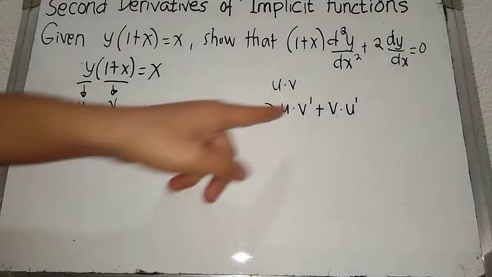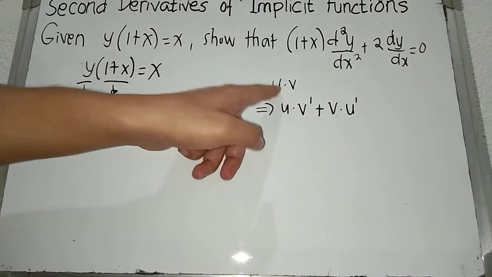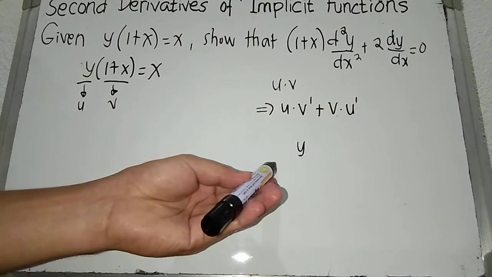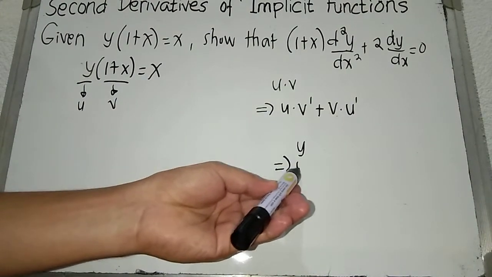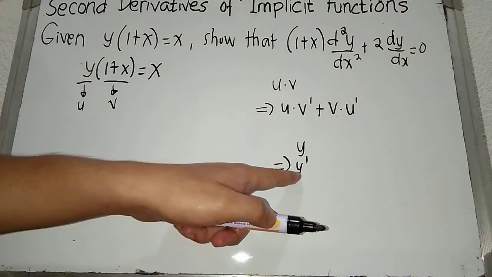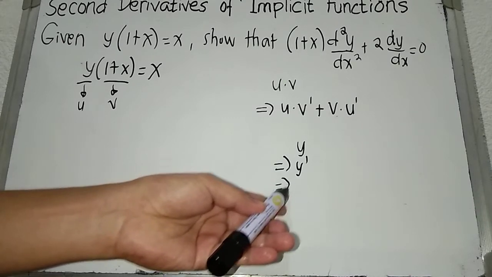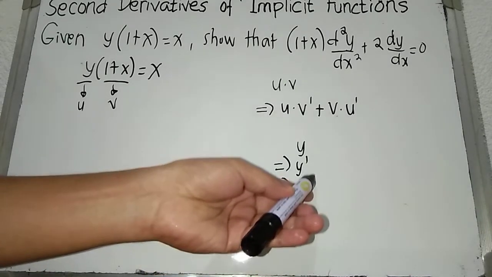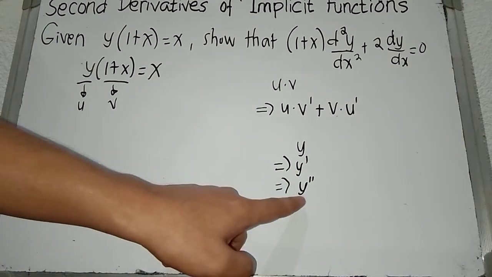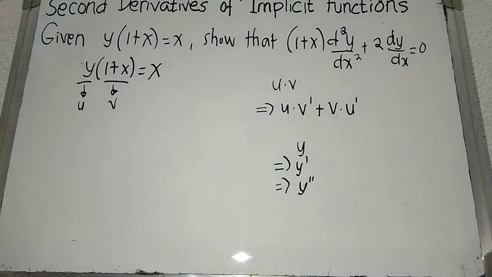Take note, v prime is the derivative of v and u prime is the derivative of u, such that if we have y, the derivative of y is y prime. And if we get the second derivative, this can be written as y double prime. This y prime is the first derivative, while this double prime is the second derivative.